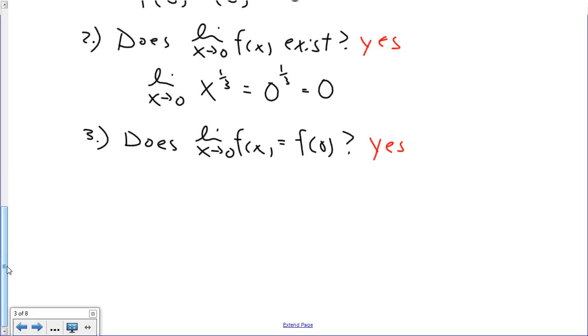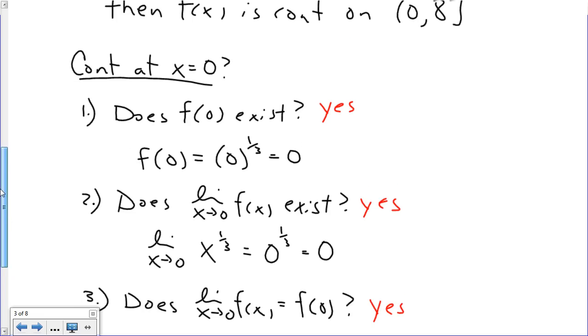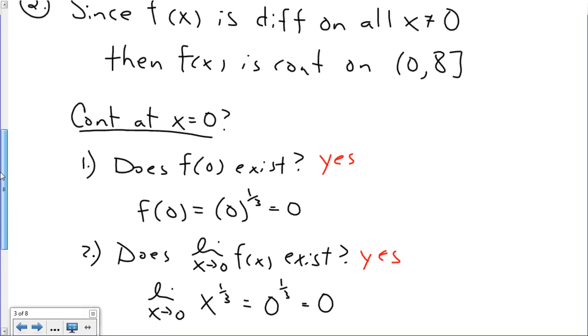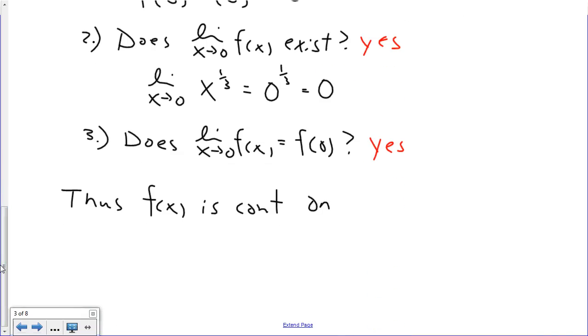So thus, we can conclude that f of x is continuous. Of course, this just gave us the endpoint x equals 0. We've already stated up above that we had continuity from 0 to 8, not including the 0. So this gives us continuity on the entire closed interval from 0 to 8. Okay? So we've met the conditions for the mean value theorem.